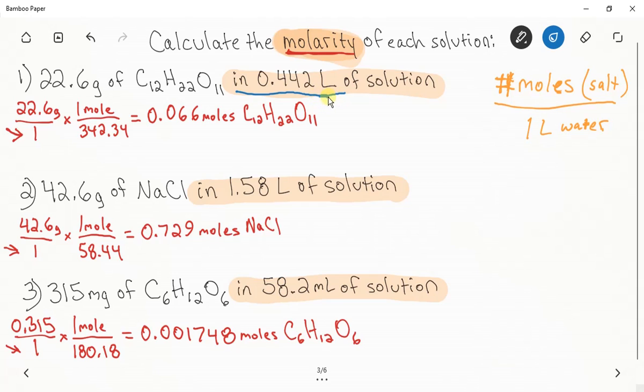And we only put 0.442 liters of water in with the orange juice, or only 0.442 liters in with the Kool-Aid powder drink instead of a whole liter. So that's going to make it a lot stronger, isn't it?